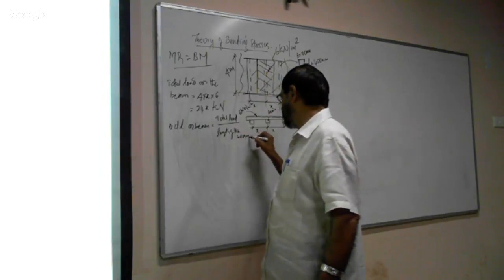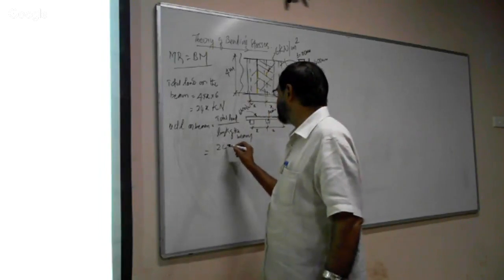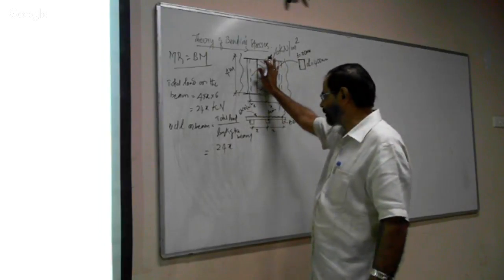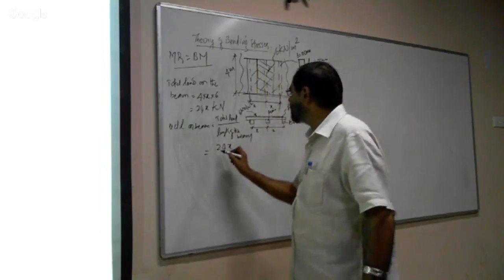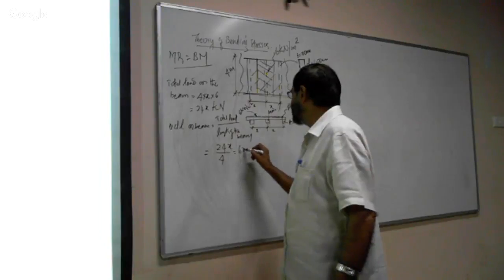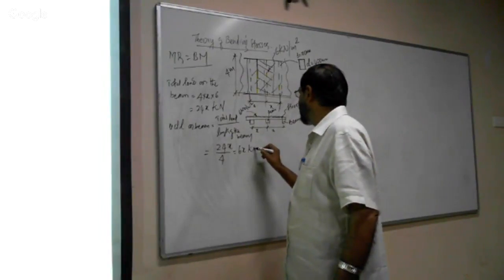That is equal to total load 24 into x, which is the total load acting on this entire beam. To convert this into UDL, the length is 4 meter. Therefore, 6x is the load acting on the beam, in kilonewton per meter.